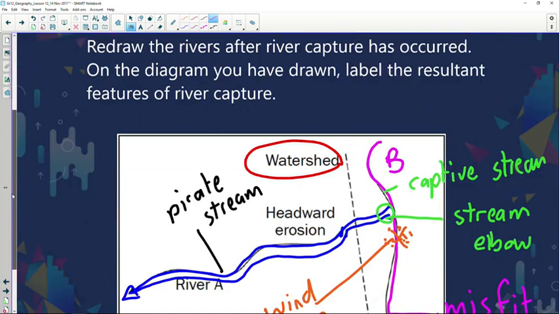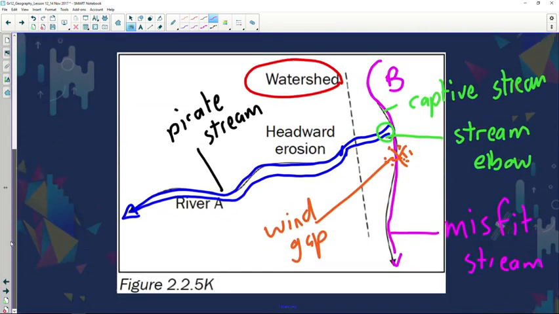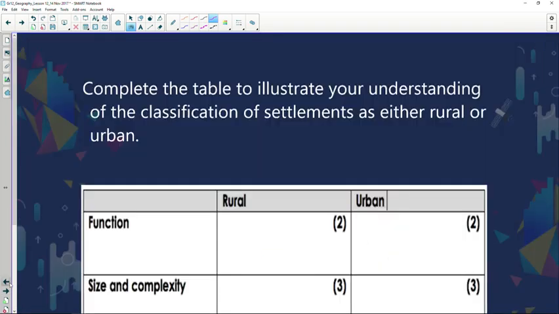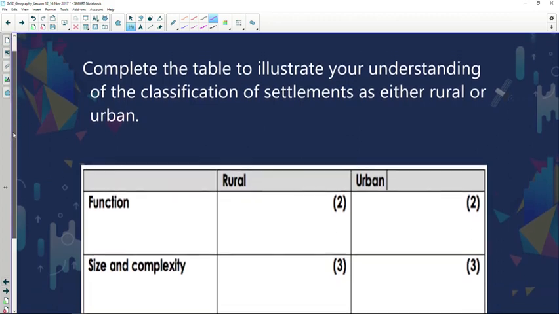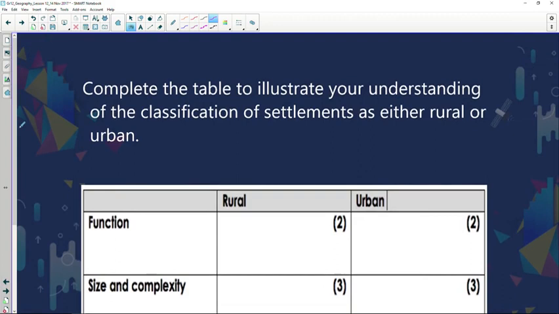Now, our next questions that we're going to have a look at focus on settlement issues. If you quickly look at the next question, complete a table to illustrate your understanding of the classifications of settlement as either rural or urban. Now, we discussed this before.